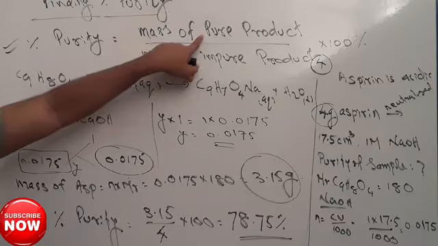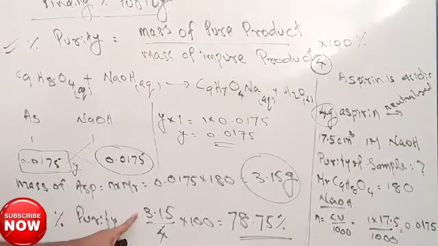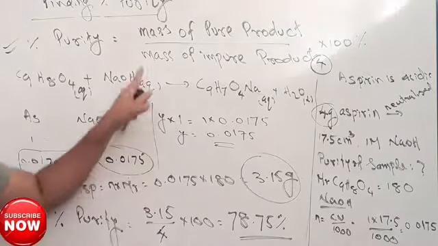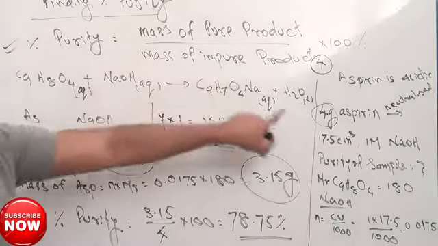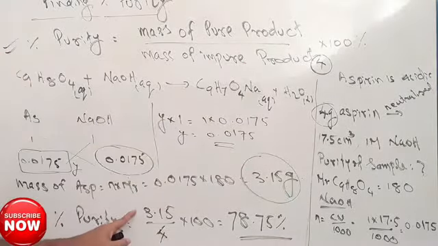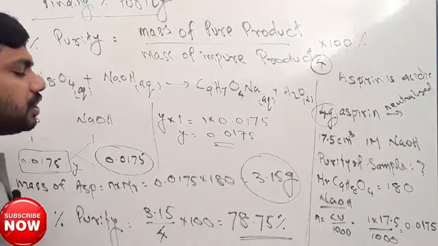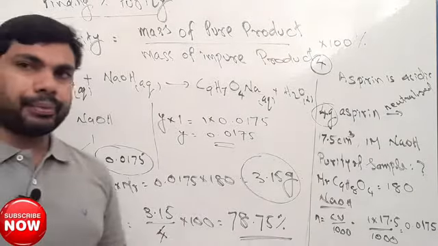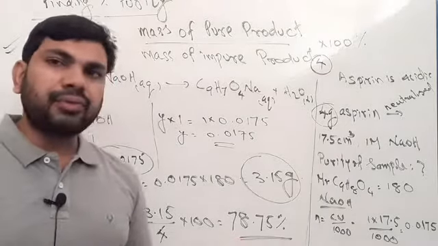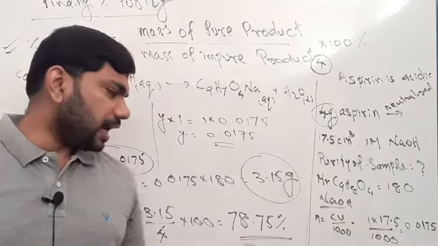Mass of pure product, 3.15, divided by mass of impure product, given here as 4 gram. So 3.15 divided by 4 times 100. So the percentage purity is 78.75. Okay, so this is the answer.